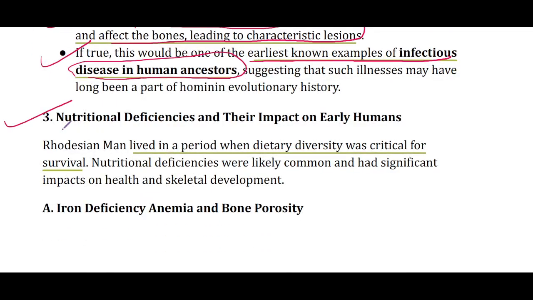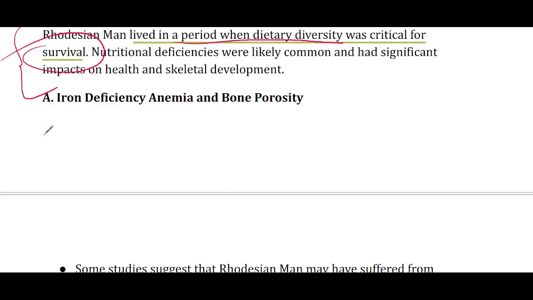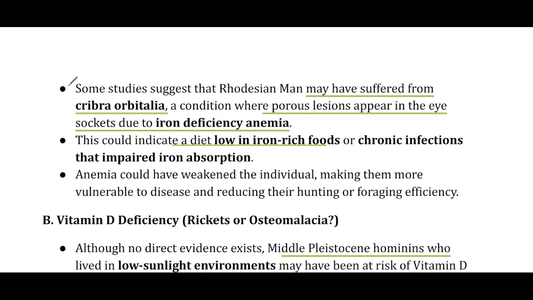Now, the third dimension, nutritional deficiencies. Rhodesian man lived in a period where dietary diversity was critical for survival. Here, the dimension of iron deficiency, anemia, and bone porosity suggests that Rhodesian man may have suffered from cribra orbitalia, a condition where porous lesions appear in the eye sockets due to iron deficiency anemia.